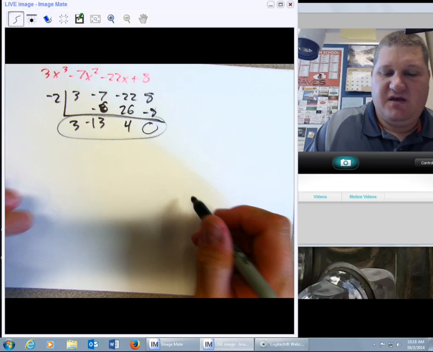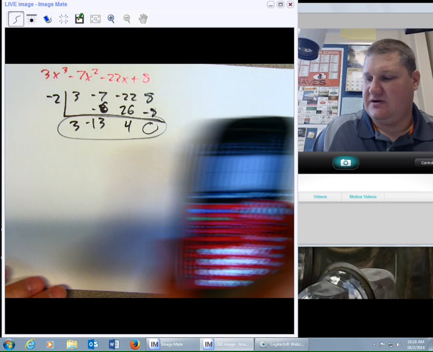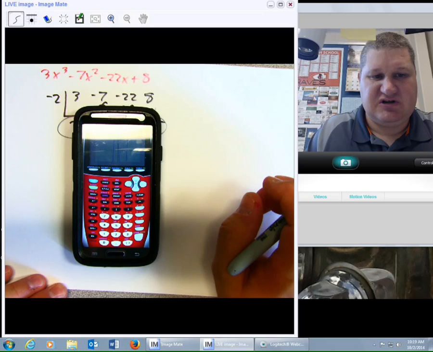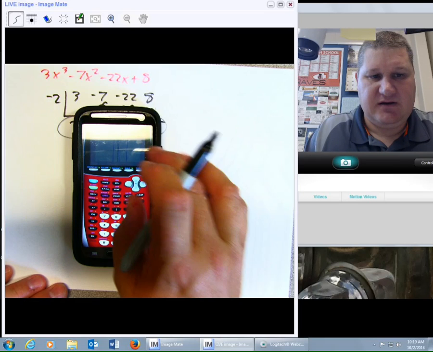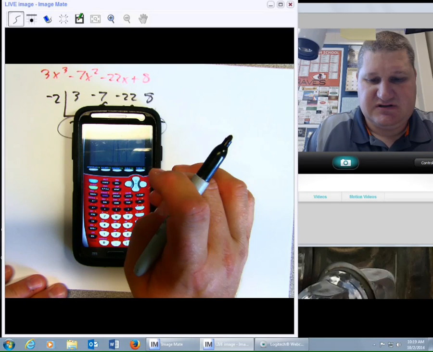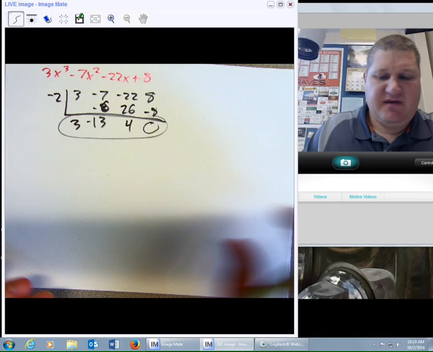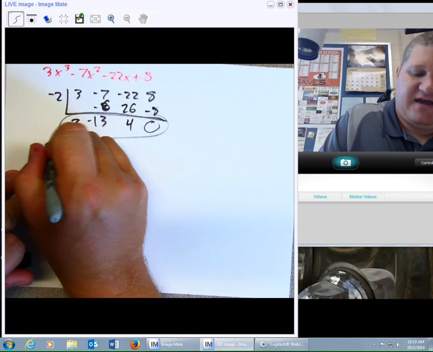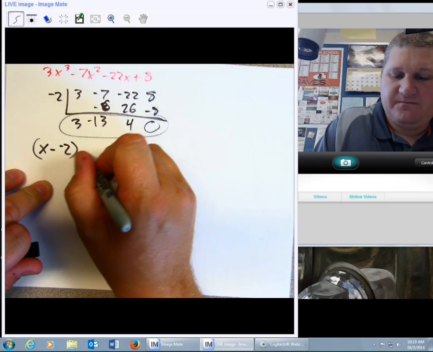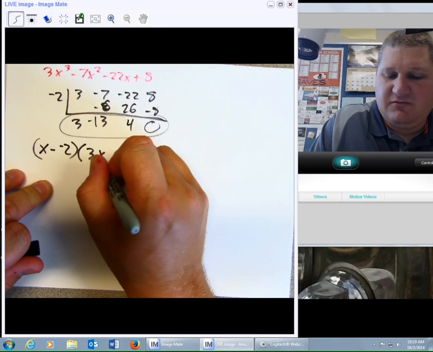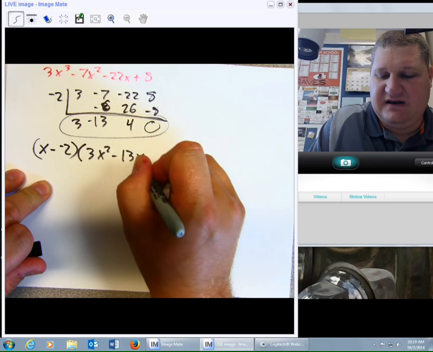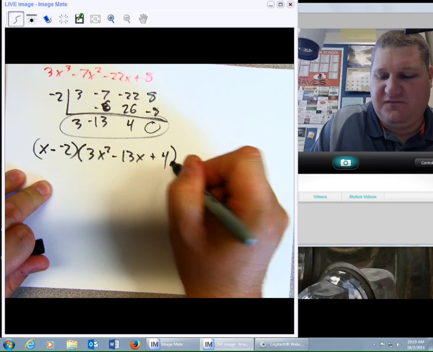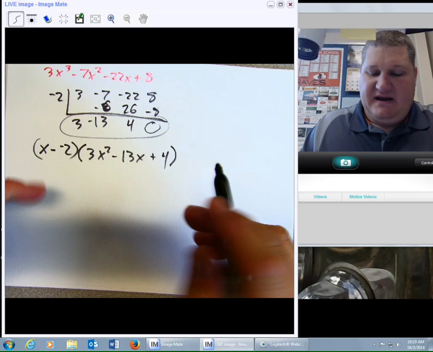So I now have a solution. By looking at my graph and choosing wisely from among the various options, now I can see that negative 2 actually is a solution that I have. So I have x minus negative 2, times 3x squared minus 13x plus 4. Well, at this point, now I have something that's squared.